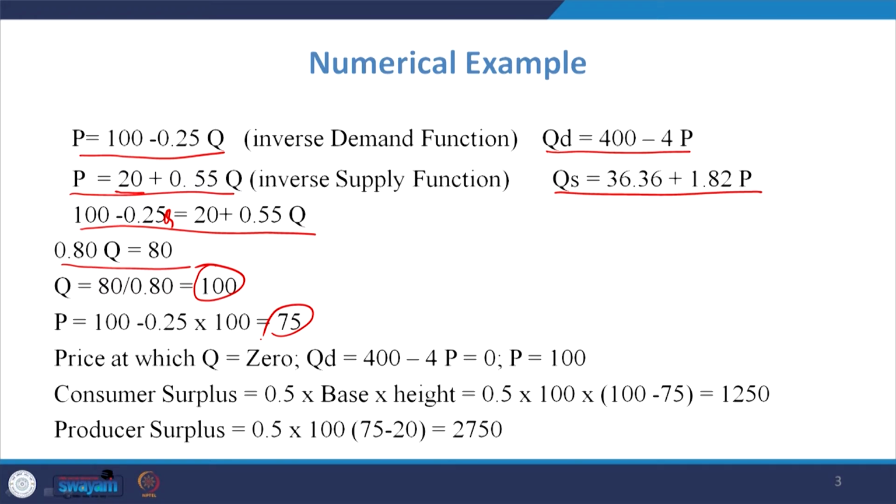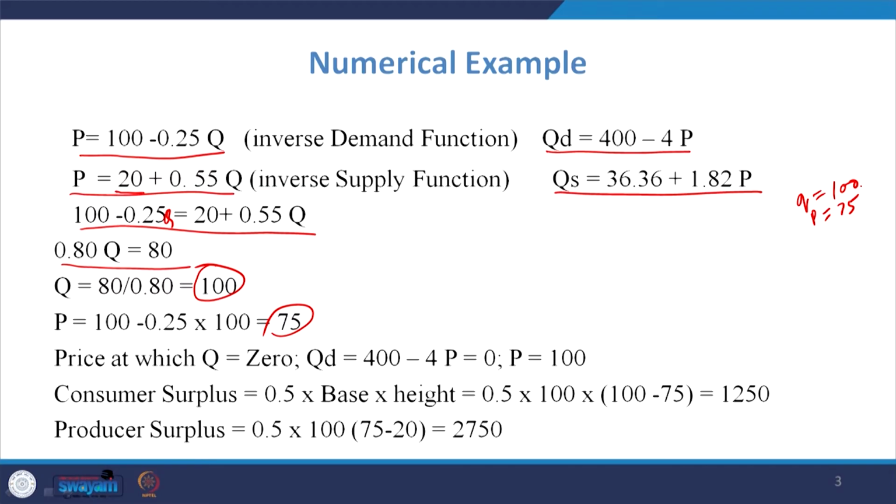So, 100 minus 0.25 into 100 equal to 75. Here we have two values, one is the equilibrium quantity Q equal to 100 and P equal to 75.